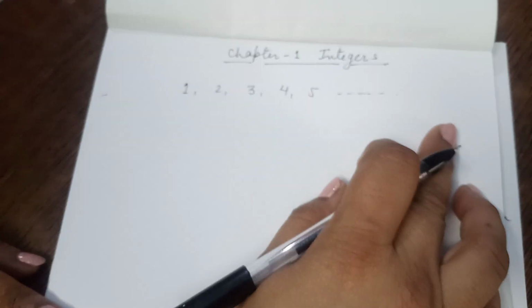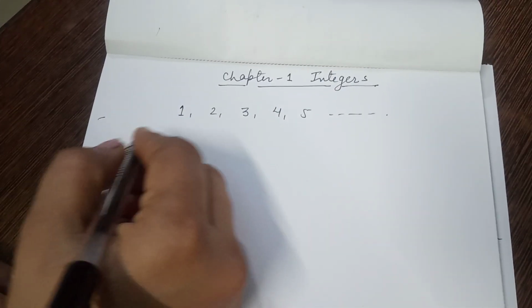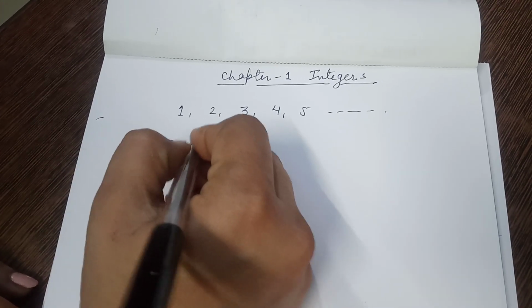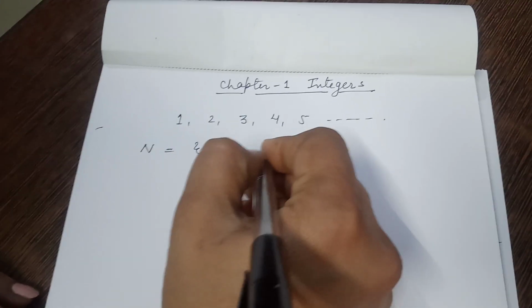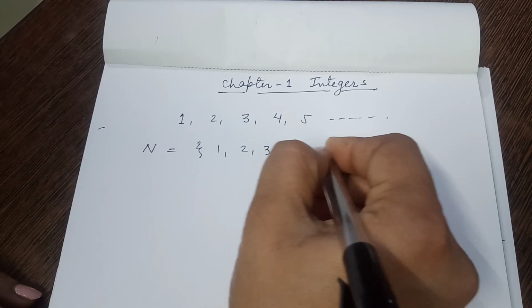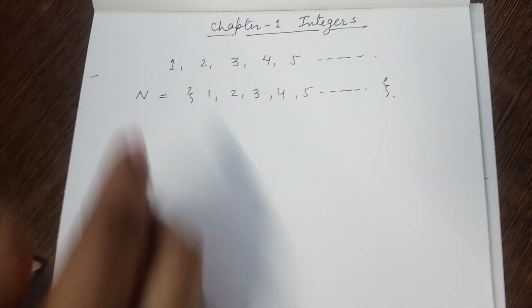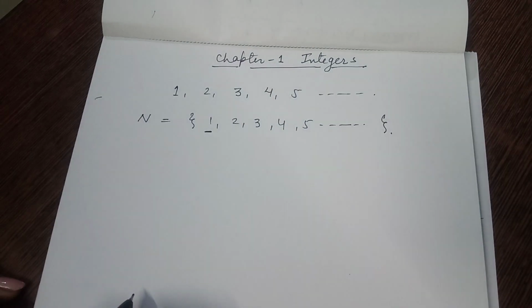These numbers are called natural numbers. Natural numbers are a set of numbers which starts from 1, 2, 3, 4, 5, and so on up to infinity. There is no greatest natural number, but the smallest natural number is 1.